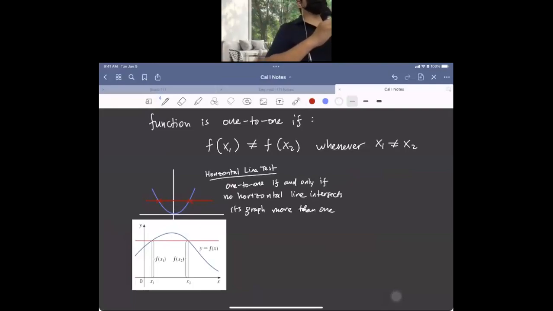So first, you can determine the functions with vertical line, and now you can determine the functions one-to-one with the horizontal line. Okay.